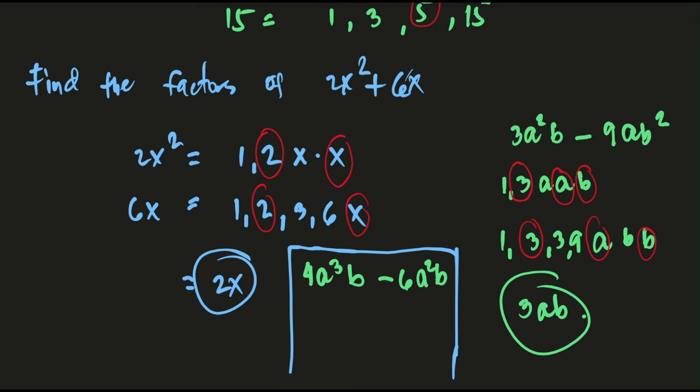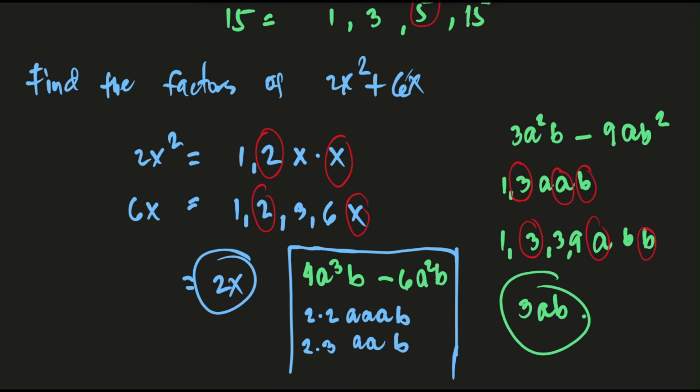That would result to 2 times 2, and then a times a times a times b. And then factors of the second term, that would be 2 times 3 and a times a and b.